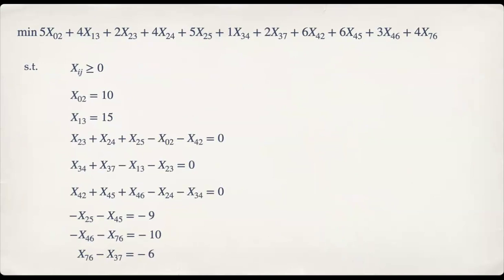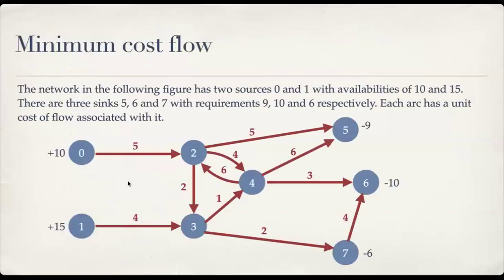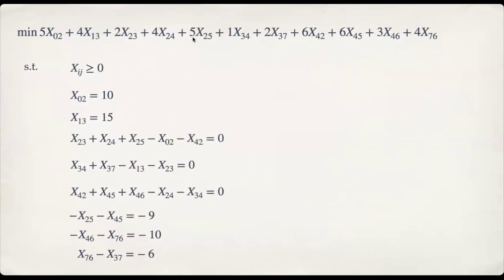When I write x02, that means the flow from node 0 to node 2. Each stream comes with a coefficient.